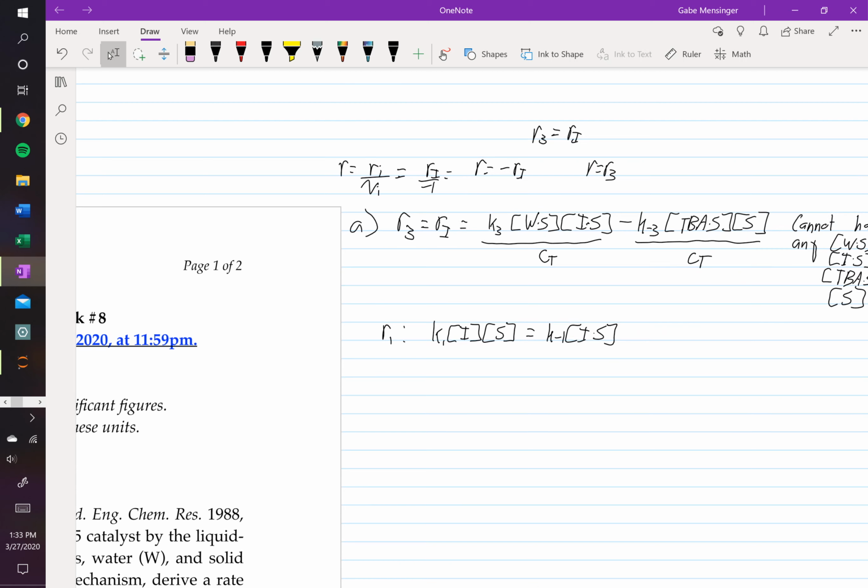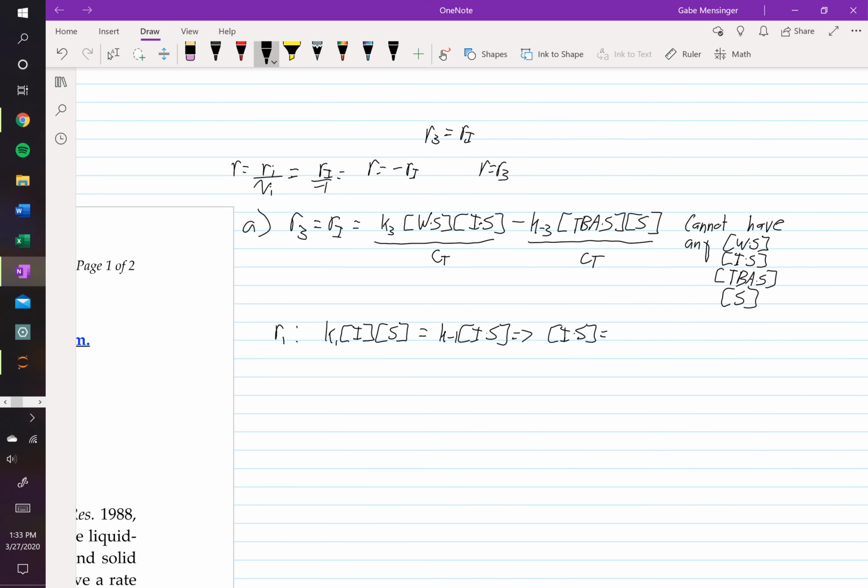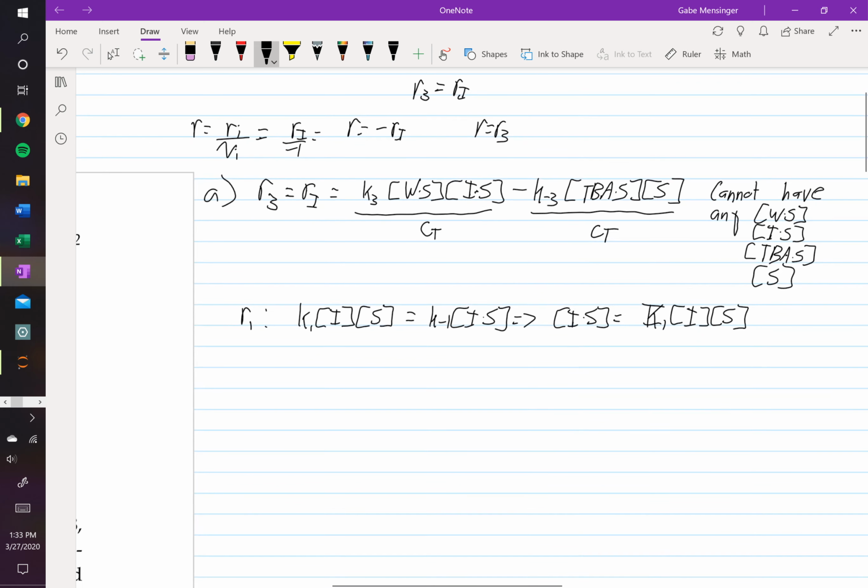So from there, going back to the expression for step 1, we can find our surface species IS to be capital K1 times I times S. There's one species accounted for.